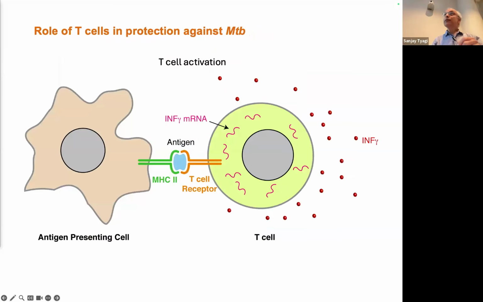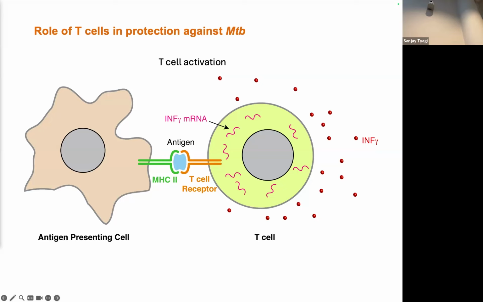And I'm going to talk a little about T cells. T cells are really relevant for TB control. The primary route of activation is that an infected cell, such as a macrophage, would pick up debris from the cells it has destroyed and present it on the surface of MHC2, which is always present, and there's also MHC1.